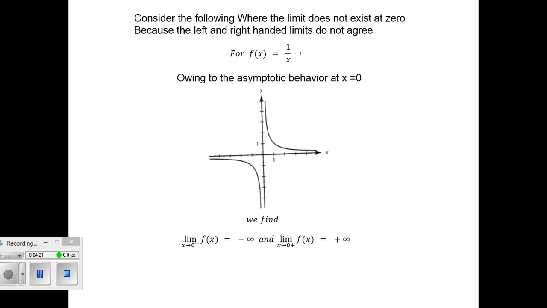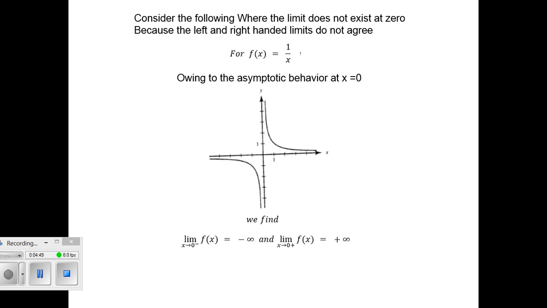All right, onward. Here's another function. The simple hyperbola, f of x equals 1 over x. Obviously we know x can never take on 0. So that's probably the point where we're going to ask to find the limit at x equaling 0.